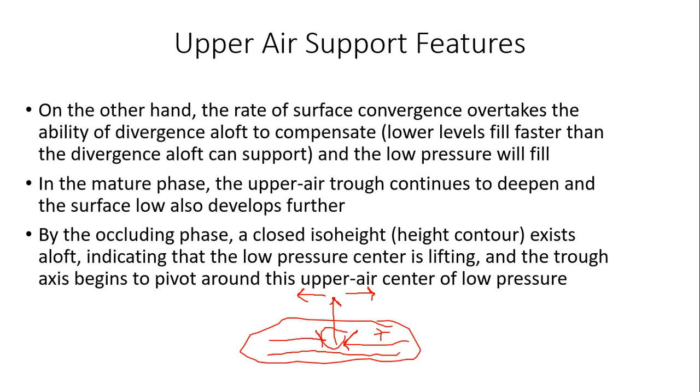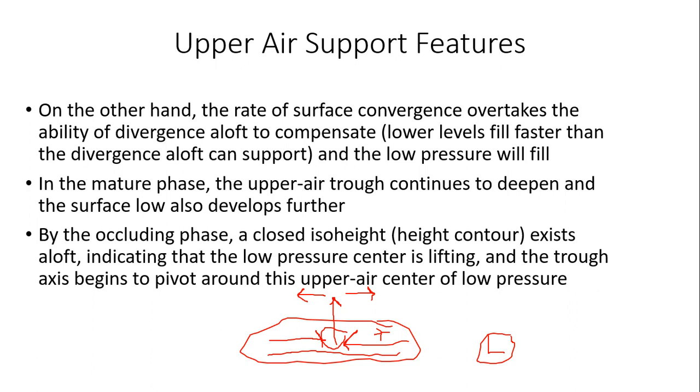And low pressure systems, here's the red L that represents your low, they're going to fill, or the barometric pressure is going to rise because I have more mass coming into low levels than is being removed aloft. So therefore, I have rising pressure. This low pressure is undergoing a weakening or a filling stage.